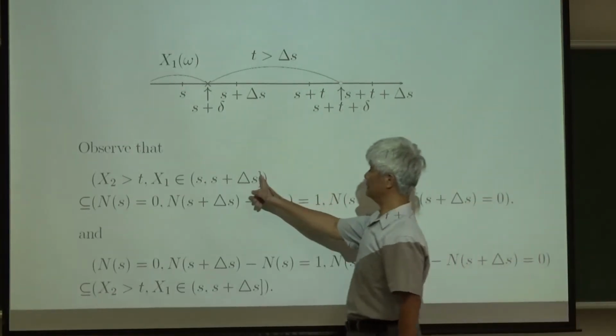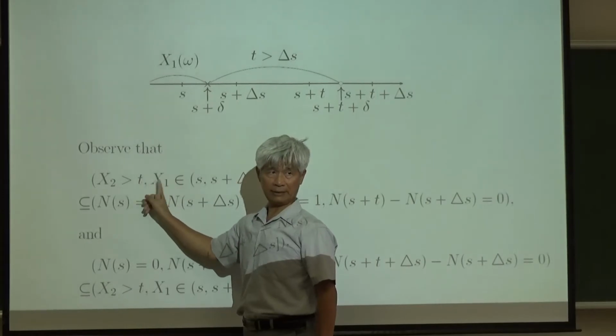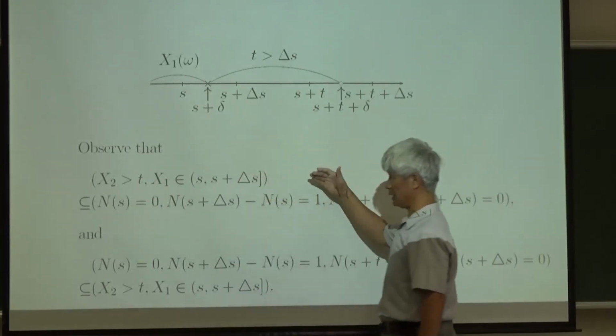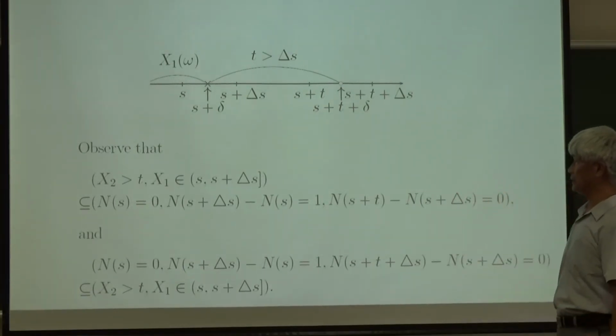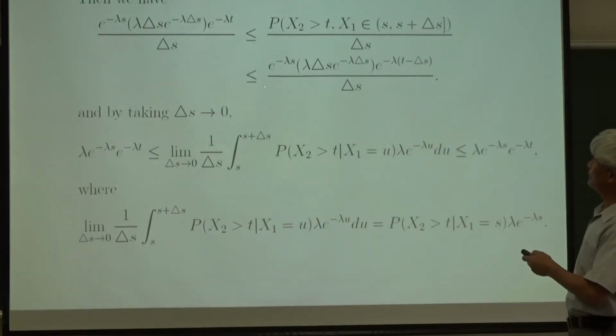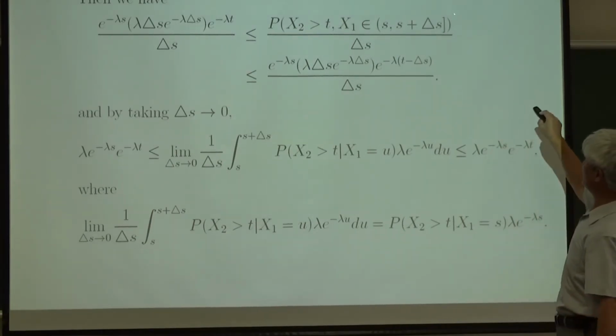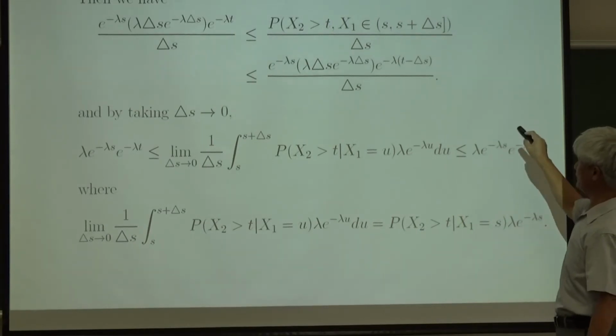Because the probability of this event is hard to find, we use an upper bound and a lower bound. Okay? So that's why I have the time diagram here. So this is the probability.